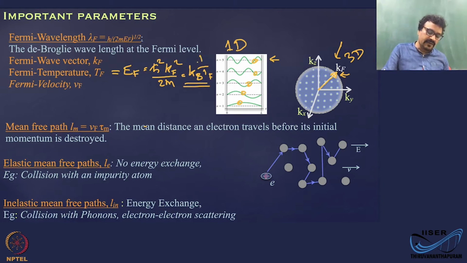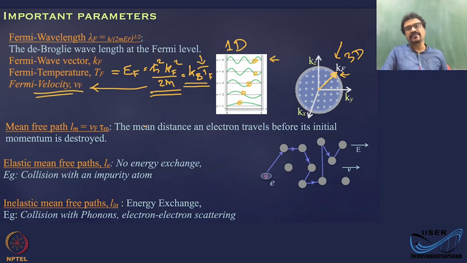So this TF is called your Fermi temperature. The velocity that you can extract from this kinetic energy term is called the Fermi velocity.